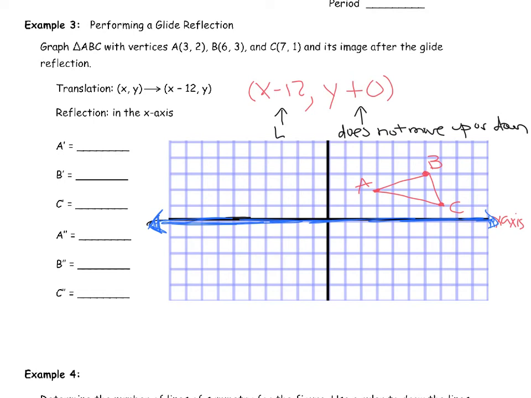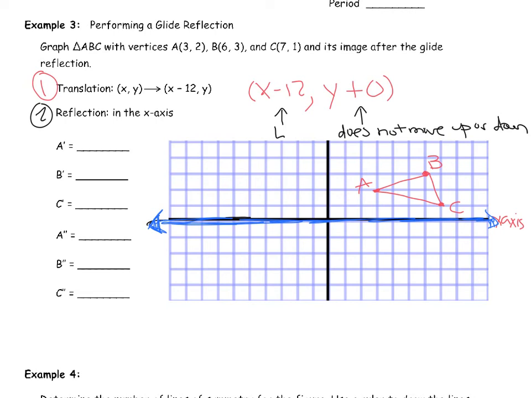Alright, so for this next example, we're actually going to do a glide reflection. Remember, a glide reflection means that we do a translation first. So we do the translation first, and then wherever we moved it to, you would move that image by reflecting it. Our translation is given to us here. It's x minus 12 comma y. Notice the y doesn't have anything, so I rewrote it to say y plus 0.